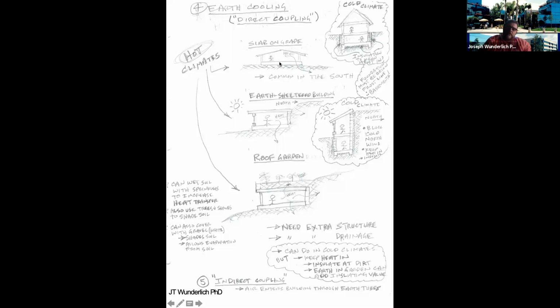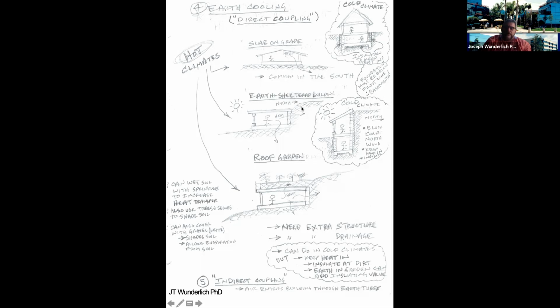Slab on grade is common in the south, or in the west and southwest, where you don't have to build below the frost line for the foundation. So in hot climates, you get cooling right through the slab, and there's quite a bit. We'll see when we get to our thermal envelope chapter, quite a bit goes through the slab. Or the basement in general.